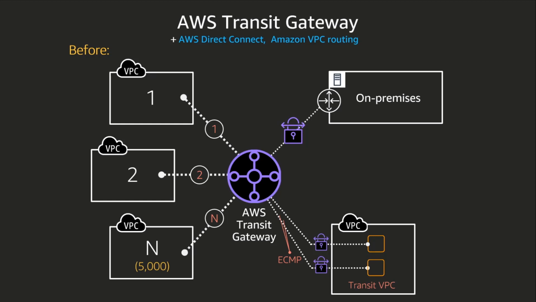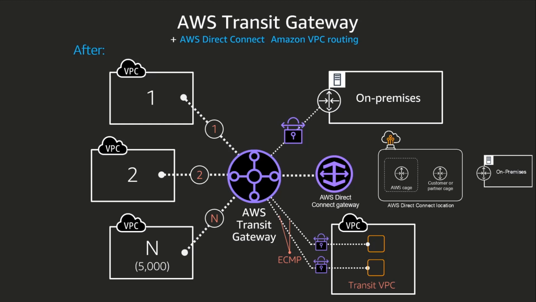Pretty awesome stuff. And so some of the updates to Transit Gateway, we now support Direct Connect connectivity. So in this case, we've got an AWS Transit Gateway that's connected to a Direct Connect gateway. And then we take our on-premises and we use something like a Direct Connect connection. And we use what's called a Transit Virtual Interface or a Transit VIF.